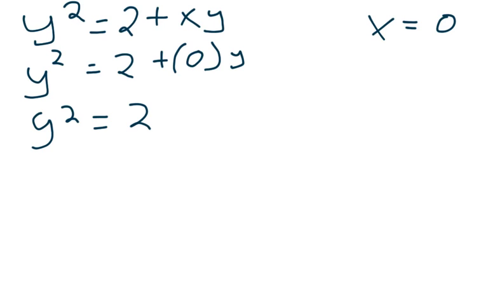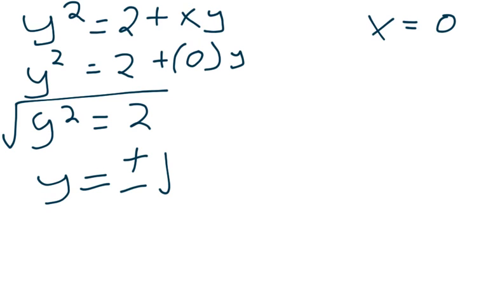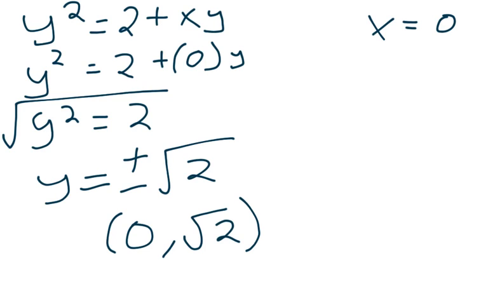We take the square root, which leaves us with y equals positive and negative square root of 2. Plugging that back into the xy coordinates gives us 0, square root of 2, and 0, negative square root of 2.